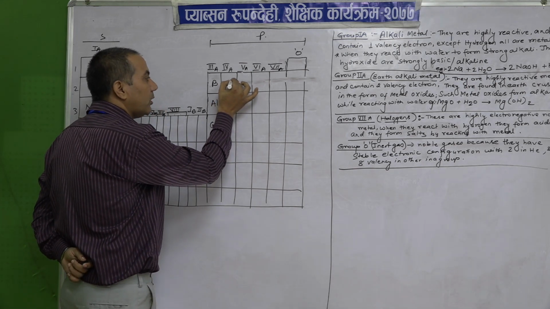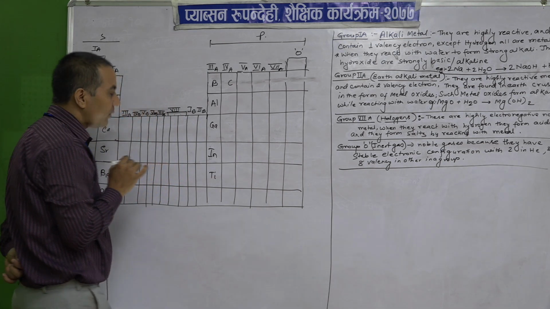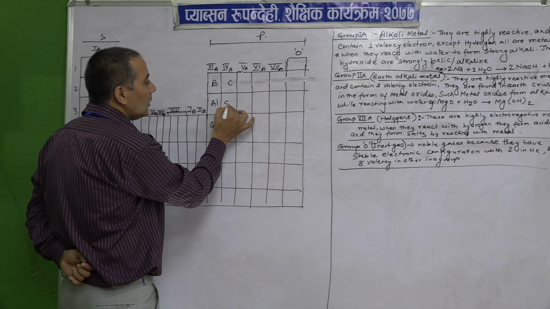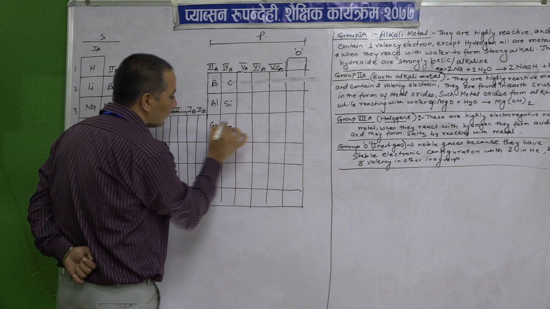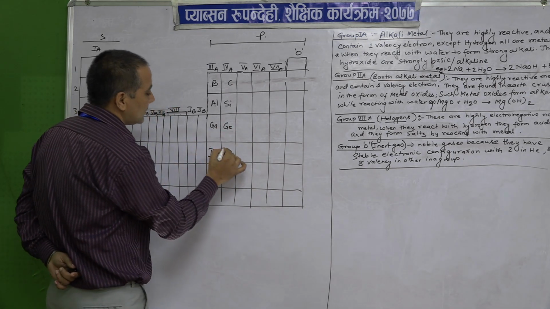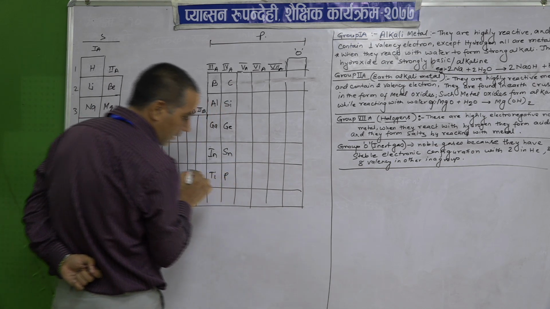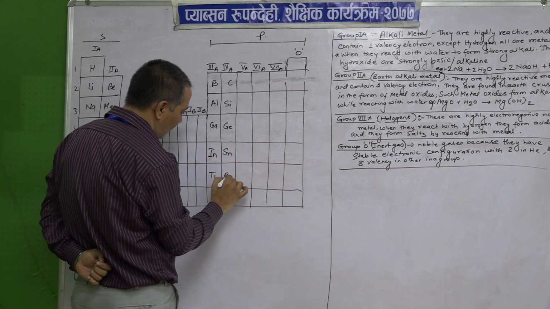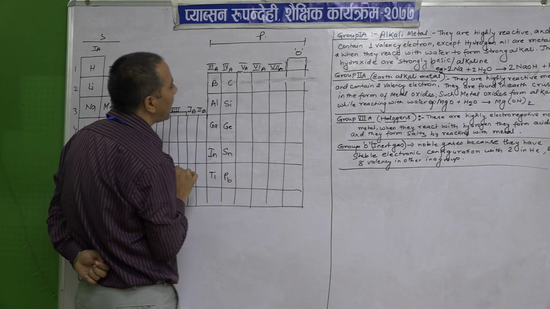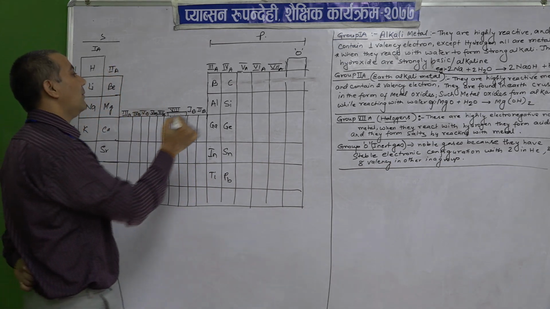Now, after boron there is the carbon family: carbon, silicon, germanium, tin and lead, which we remember as Get, Sand and Pebbles, where pebbles means Pb. Then the next one is the nitrogen family.